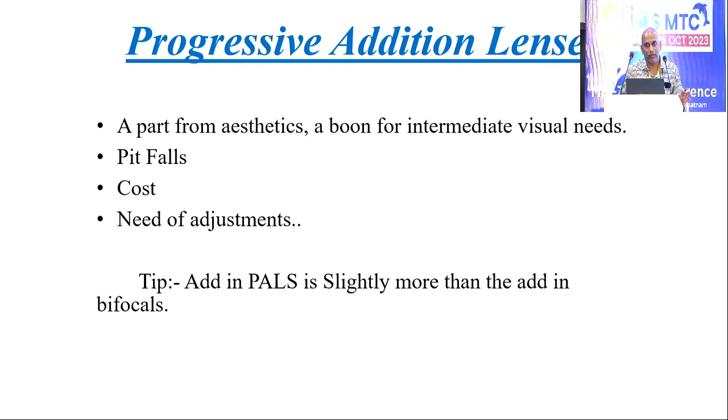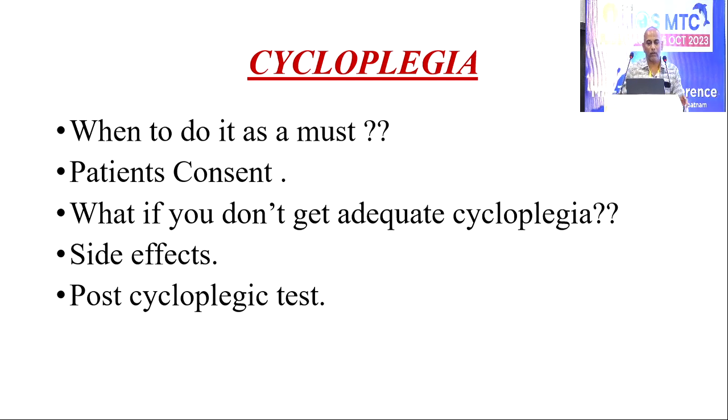And routinely with glasses we turn our eyes to see things, but with progressive addition lenses, we should turn our head sideways or up and down to see things. Another tip: the add in progressive addition lenses will be a little more than a routine bifocal, because the very moment you hit the near segment, you don't get the total power. So give a little more add in a progressive addition lens.